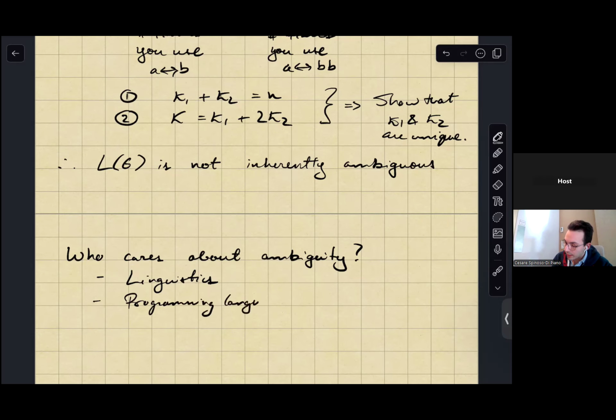And it's of course also very useful in terms of programming languages, because it turns out that the syntax of programming languages is defined using context-free grammars. And if those context-free grammars are ambiguous, then it might mean that there are two different ways to parse, let's say, an equation, like 1 plus 1 times 2.